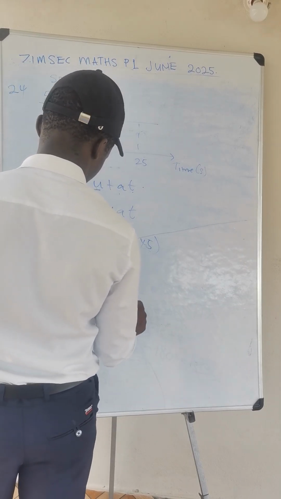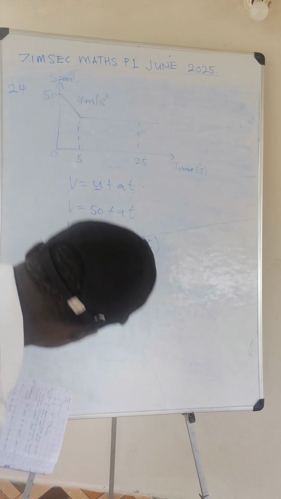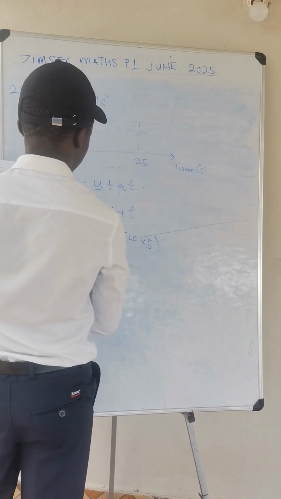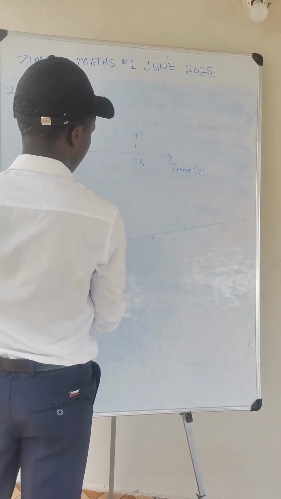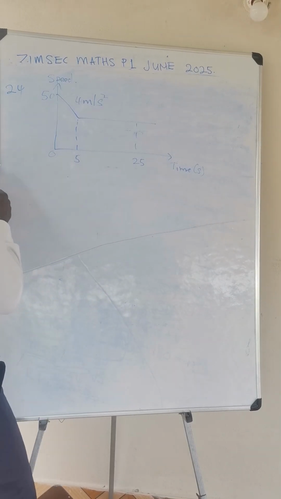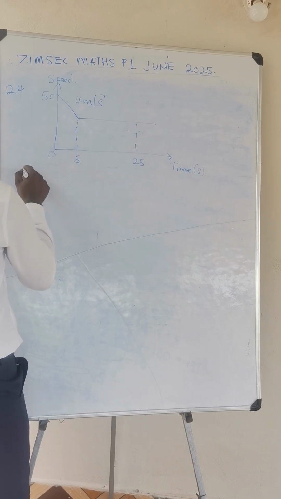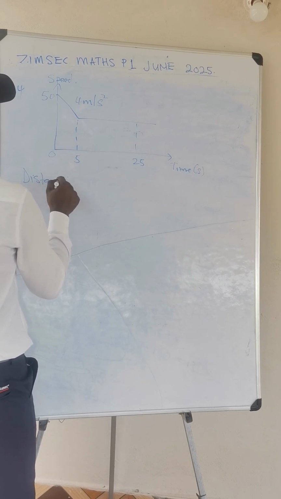Okay, so let's move to the last part, which is number 24b. Distance traveled during the 25 seconds. So we have to calculate the distance.